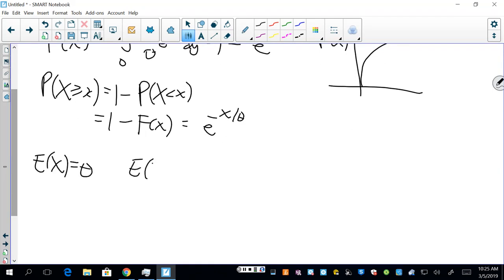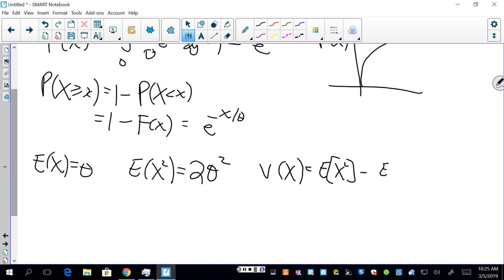The expectation of x squared ends up being 2 times theta squared. So the variance of x in this exponential, since it's the expectation of x squared minus the mean quantity squared, is 2 theta squared minus theta squared, just theta squared, and the square root of that is our standard deviation. So for this exponential, the mean and the standard deviation are both this parameter, theta.